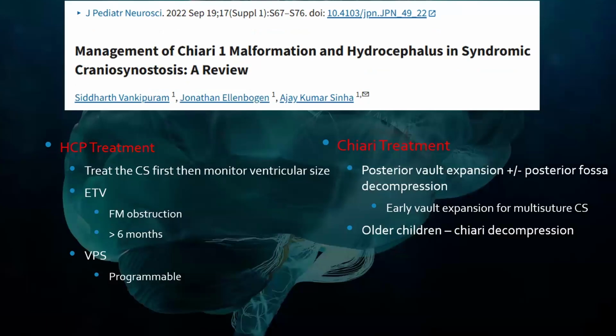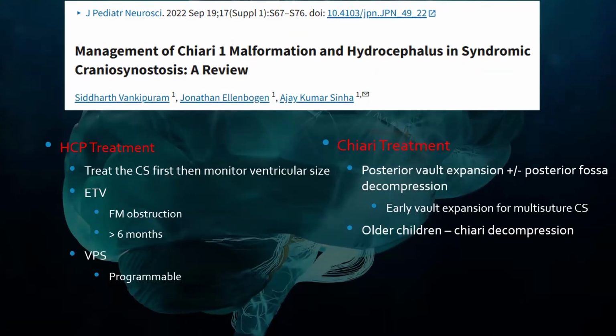So treatment, again, in general, most people tend to treat craniosynostosis and then monitor ventricular size. I would say consider ETV as well. There has been some evidence showing that if they're over 6 months, the response rates in this patient population are better.